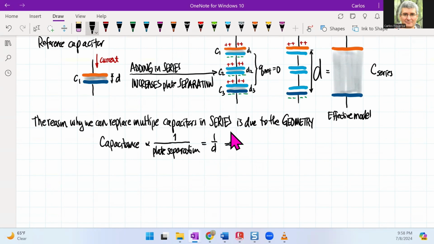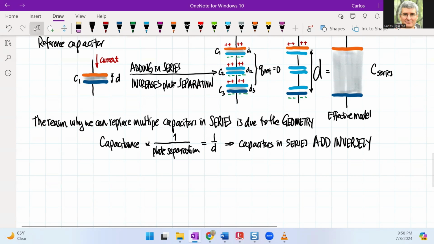This tells us here is that capacitors in series add inversely. Because of the geometry of the way the capacitance is.